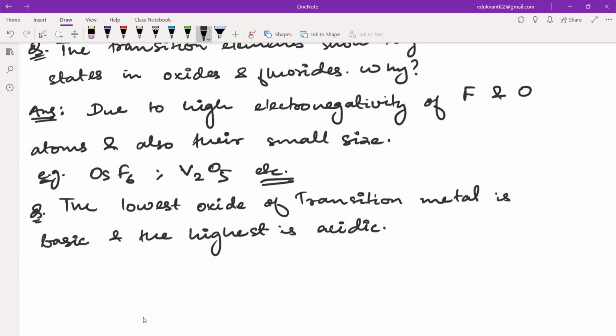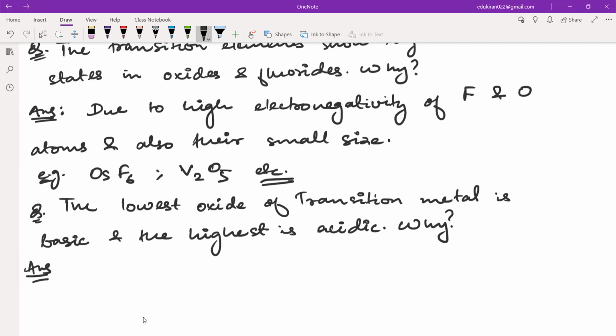Why? Now it may seem that it is a question about oxygen, but it is not. It is not a question about oxides and all. It is a question about the oxidation state rather. Lowest oxide and the highest oxide. Please write this question. Let me know if you're done.